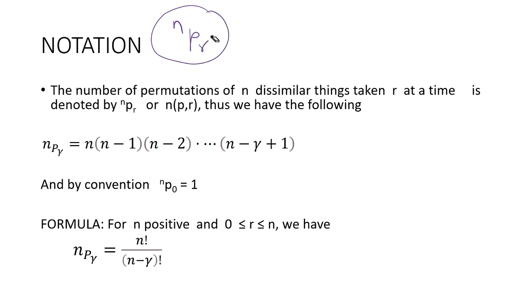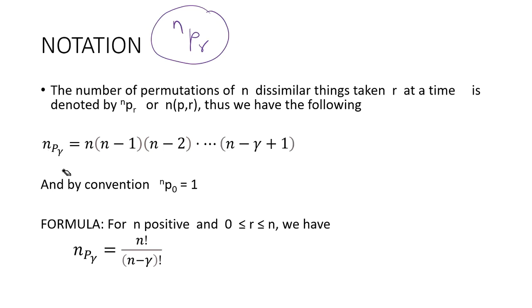And now we have the formula for nPr. The number of permutations of n distinct objects taken r at a time is n times n minus 1 times n minus 2, so on up to n minus r plus 1. So we denote this expression by nPr.